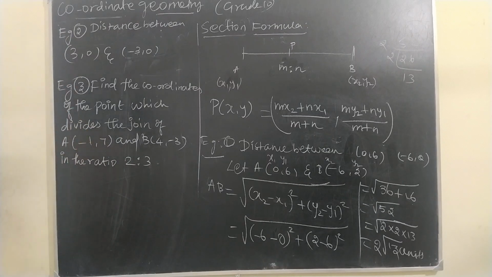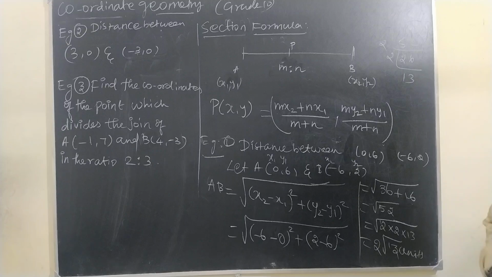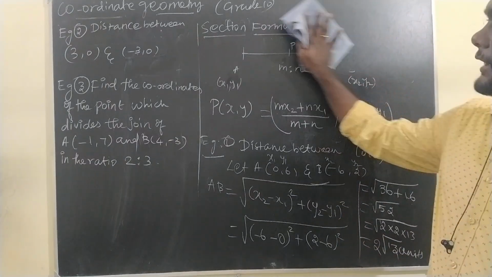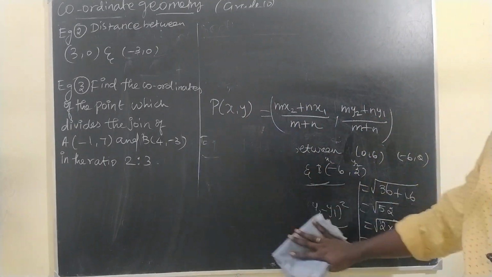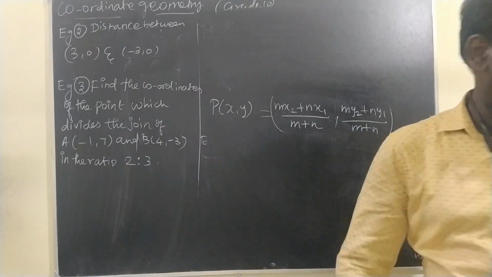Okay, now look at this question. Read it out. Find the coordinates of the point which divides the join of the point A and the point B in the ratio 2:3. Meaning what?